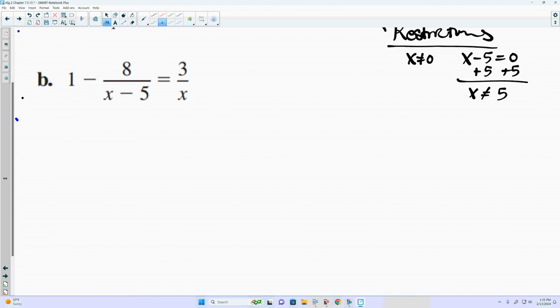Question on how we got the restrictions. What do we need to multiply everything by? X. Because our x minus 5 is one expression. We can't just have the x.